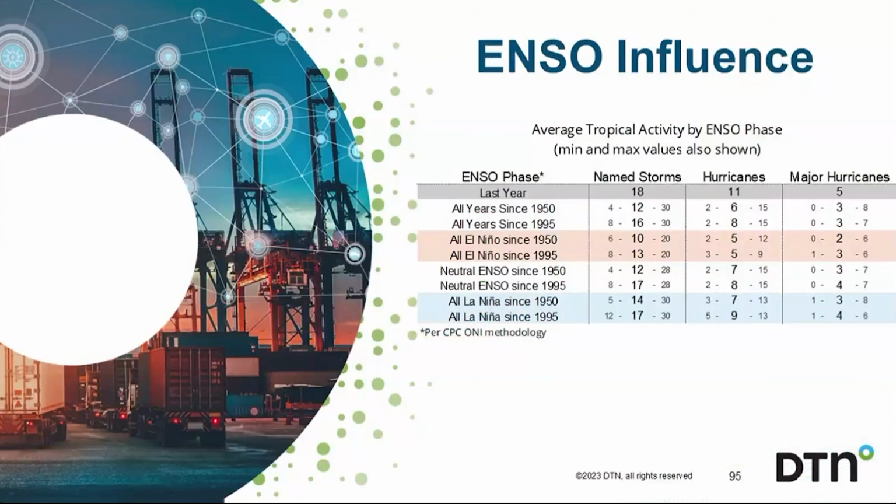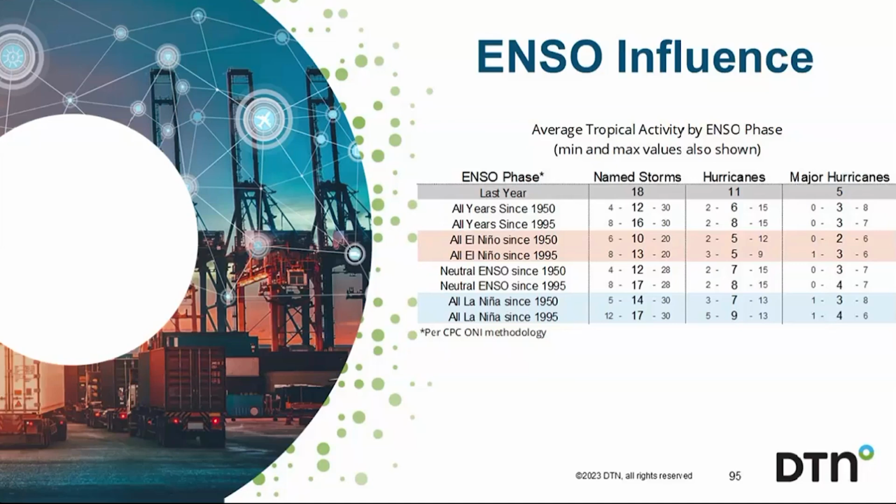The influence of ENSO: during El Nino conditions, it tends to be less favorable for development. You can see from this table that El Nino years have fewer named storms than during La Nina or even neutral ENSO, which we're expecting this year, of course.